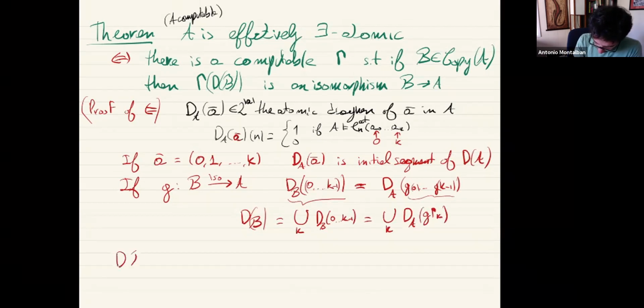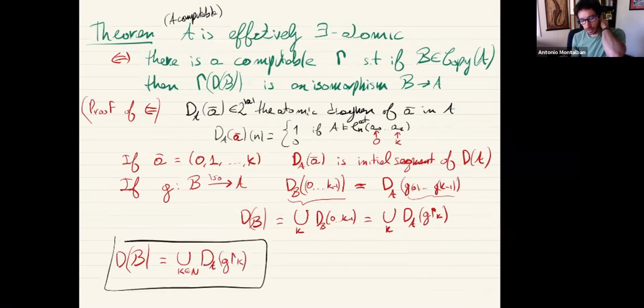The diagram of B is the same as the union over all natural numbers K of the diagram in A of the tuple G up to K. So if you are building B, for instance, using an isomorphism like this, from B to A, the diagram of B is determined by the union of the images of the first steps as G grows. Good.